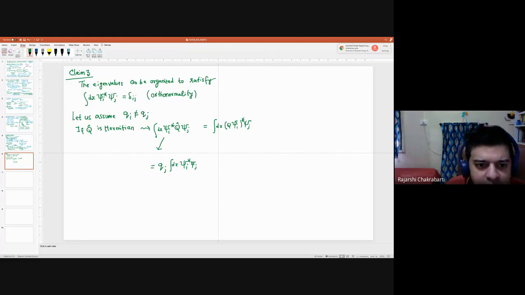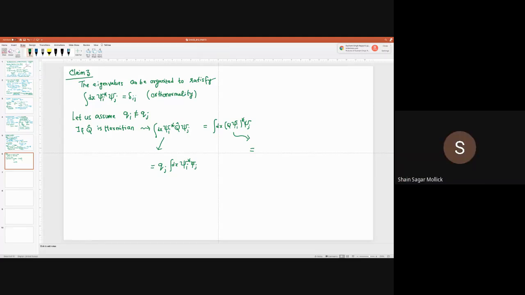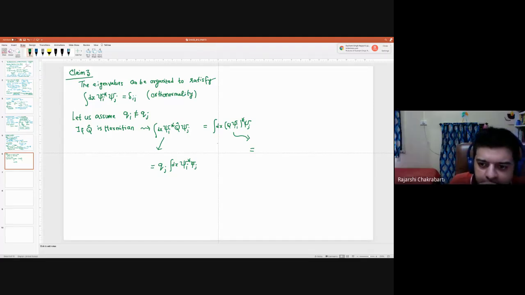So this is what you get from the left hand side, and from the right hand side, what should you get? Tell me. Q i star, integration dx. Yes. Let me expand this. When Q operates on psi i, it will give you Qi.